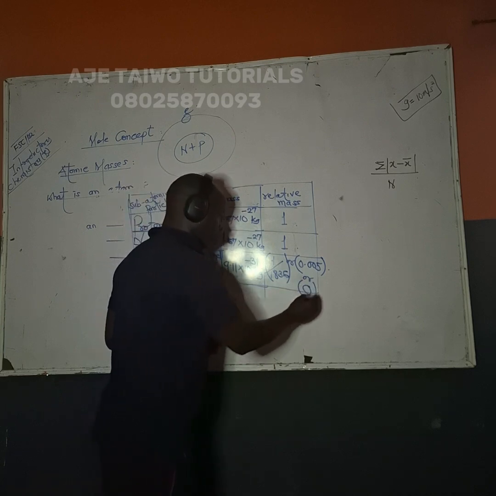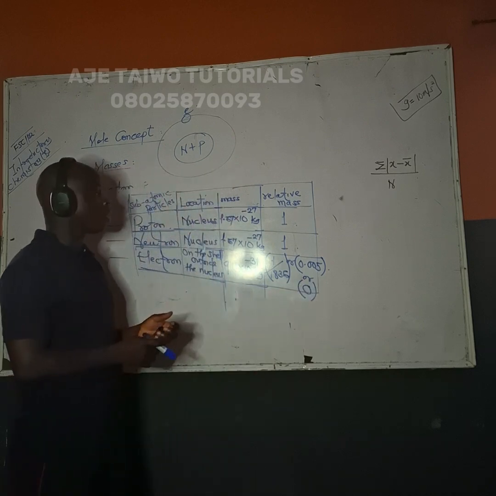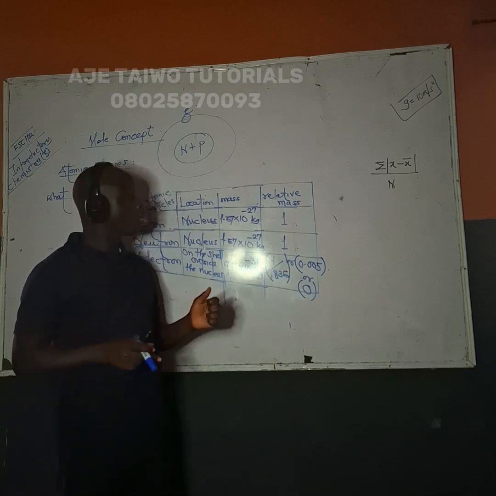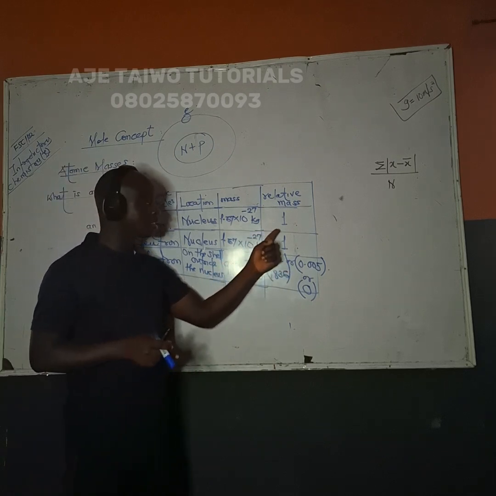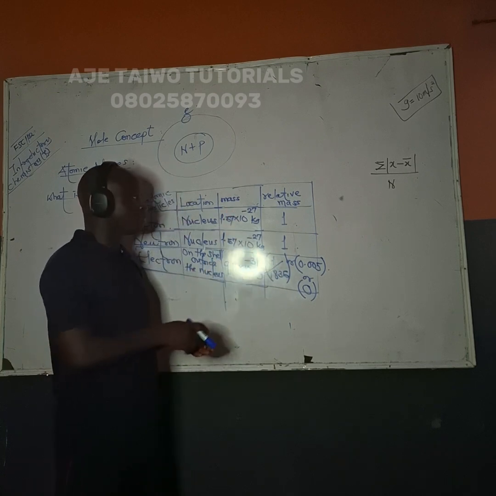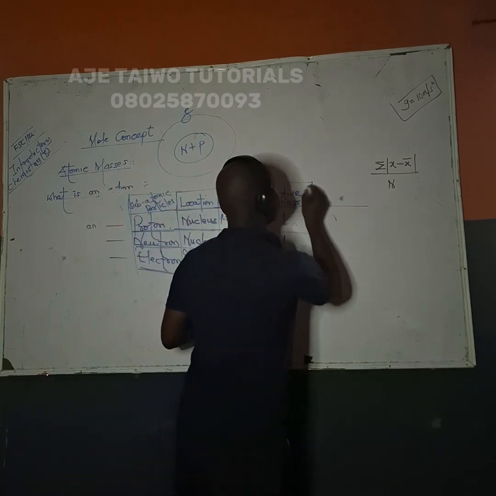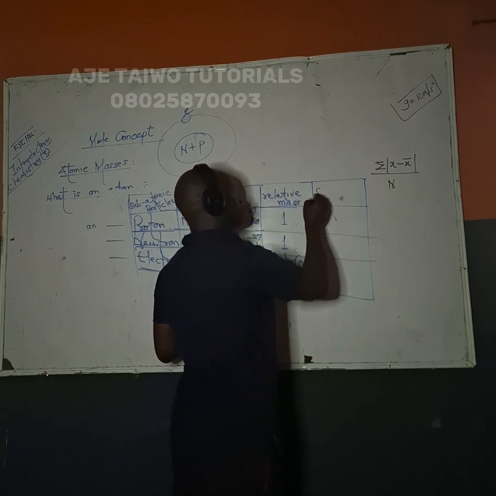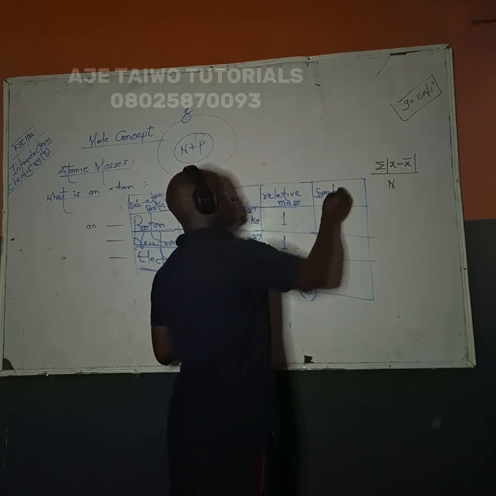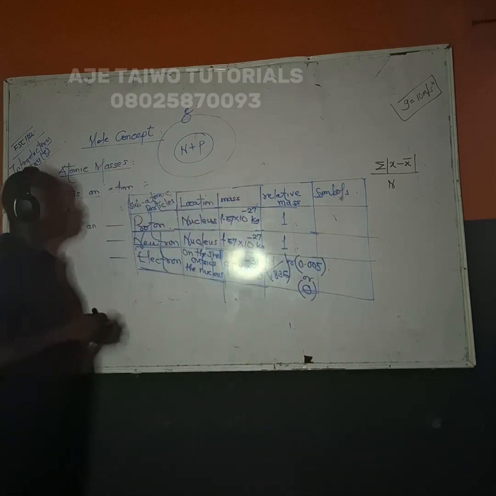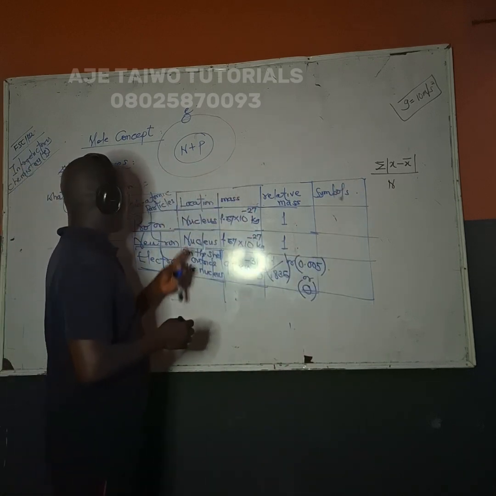These are called relative masses. We must know the relative masses. It's very important. Not the same as masses. When we go to their symbols, what are their symbols? What is the symbol of proton?